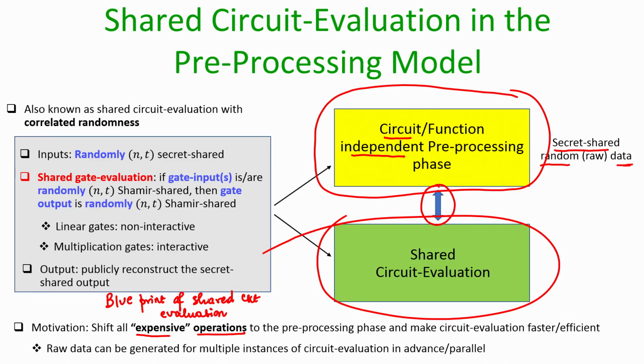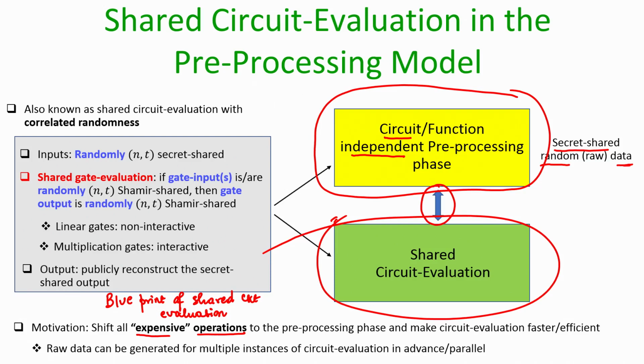This makes it a very practical approach for shared circuit evaluation, because if we consider real world applications of MPC, it is very often the case that the same set of parties are involved in computing the same function over different possible inputs.